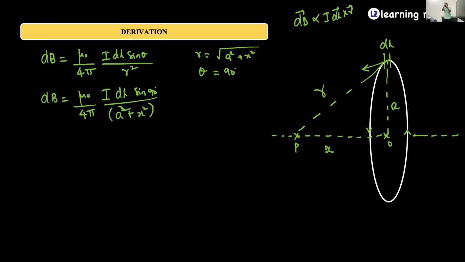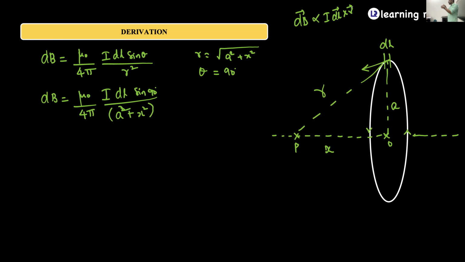So whenever you do a cross product between two vectors, the resultant will be perpendicular to both the vectors for which the cross product is performed. If that is the scenario, then it is important for me to understand what is the direction of magnetic field at this place.